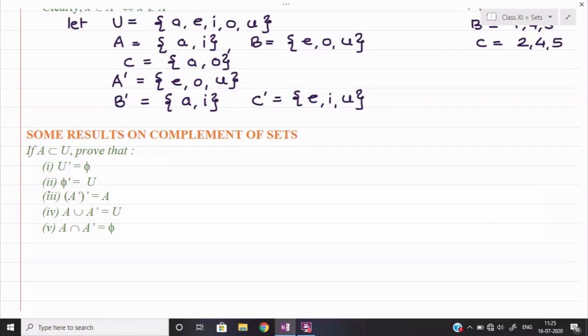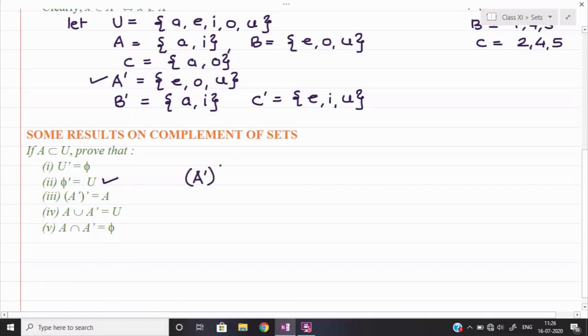Similarly, if you find the complement of an empty set, since the empty set does not contain any element, you will include all the elements, so it will be equal to the universal set. Similarly, consider the double complement of a set. Earlier I found the value of A dash. Now I find A double dash.